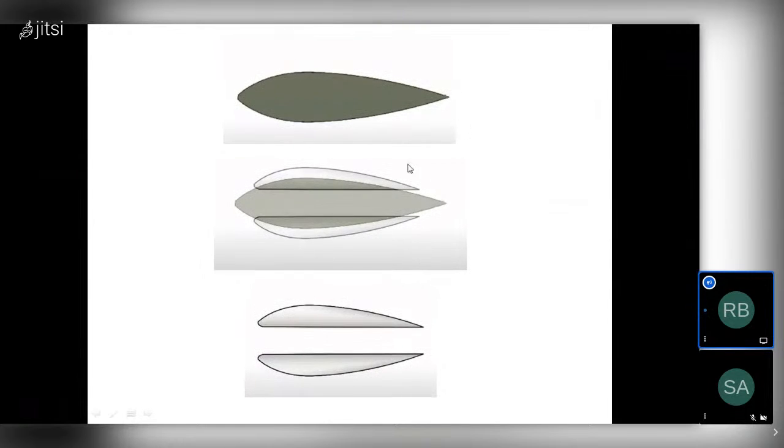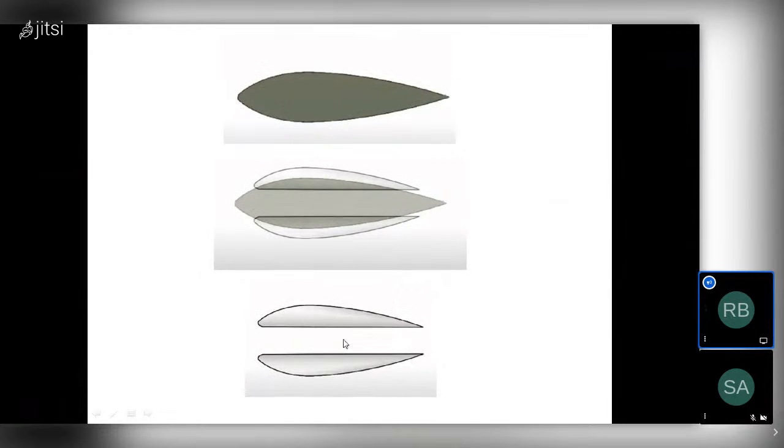Because in this part, if I cut, we can see the two equal parts, 50% upper surface and 50% lower surface. That is shown here. And the other aerofoil is renamed the unsymmetrical aerofoil.